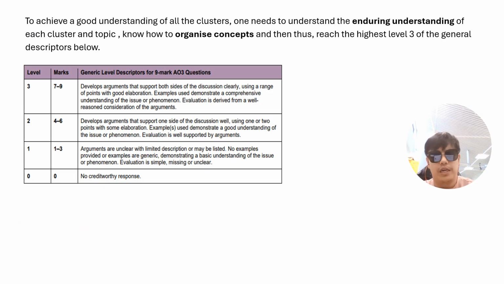To be able to achieve a good grade or highest level, that is level 3 here on the level descriptor, which is 7 to 9, you need to be able to do a few things. You need to be able to support both sides of the discussion clearly.